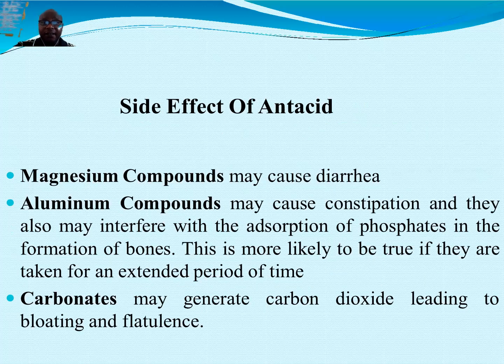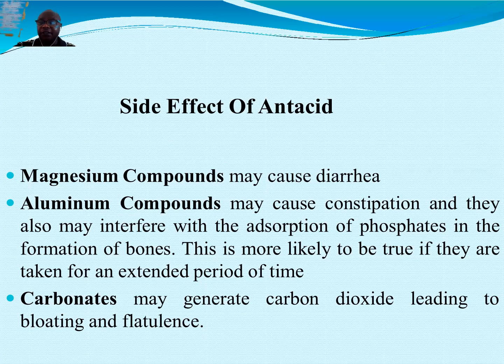So what are the side effects of these antacids? Magnesium compounds can cause diarrhea. Aluminum compounds can cause constipation, and can also interfere with the absorption of phosphate in the formation of bones, especially if they are taken for a long period of time.